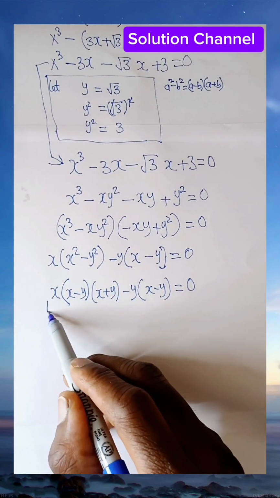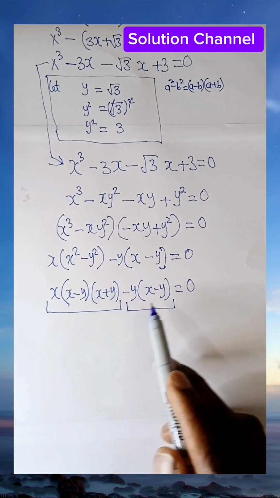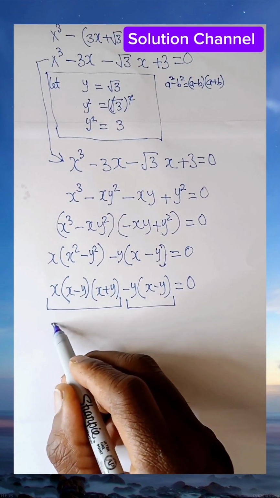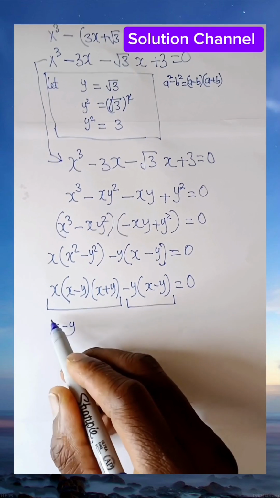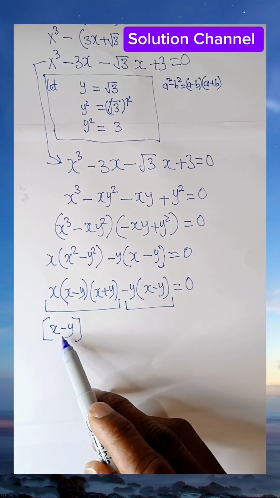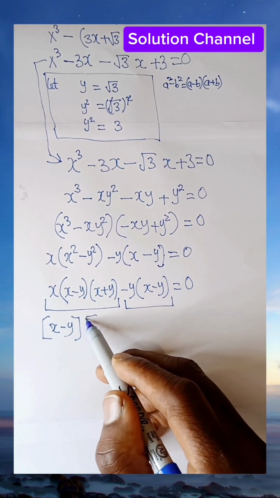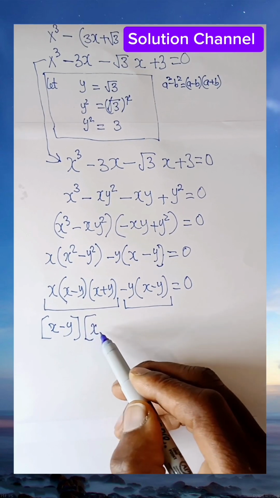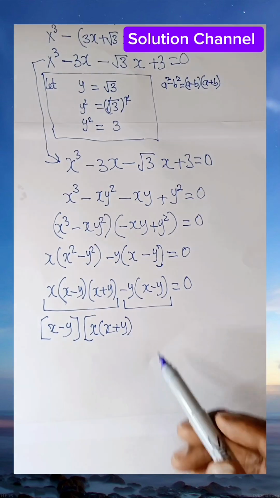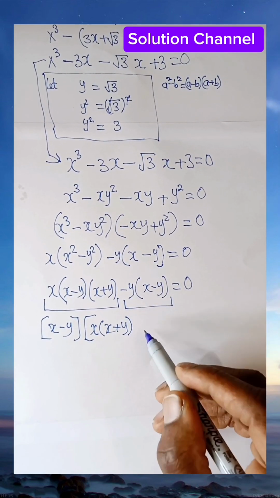Between these two terms, x minus y is common. Let us factor out x minus y. So we are going to have x minus y. This expression divided by x minus y, we are going to be left with x times x plus y. This expression divided by x minus y, we are going to be left with minus y.